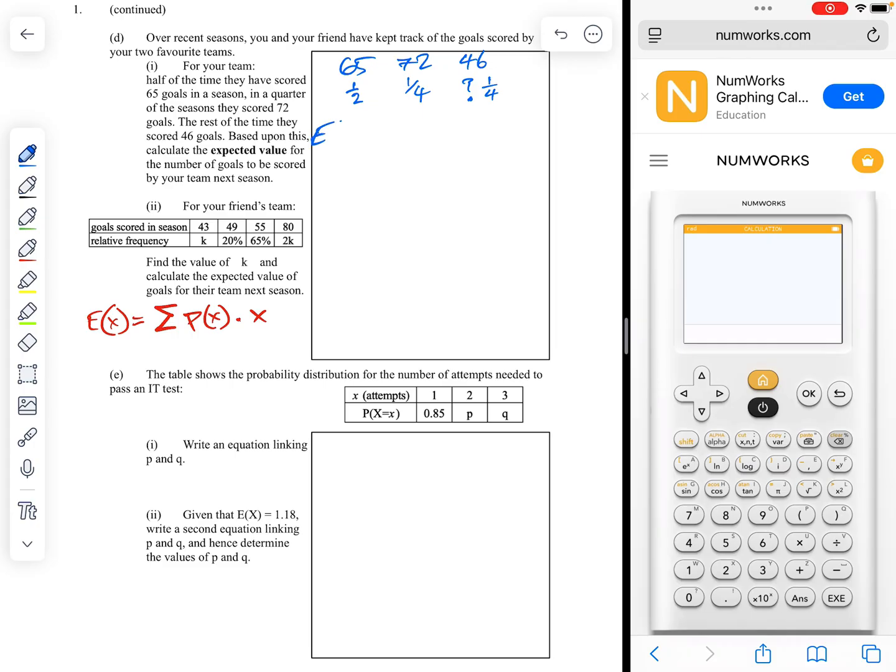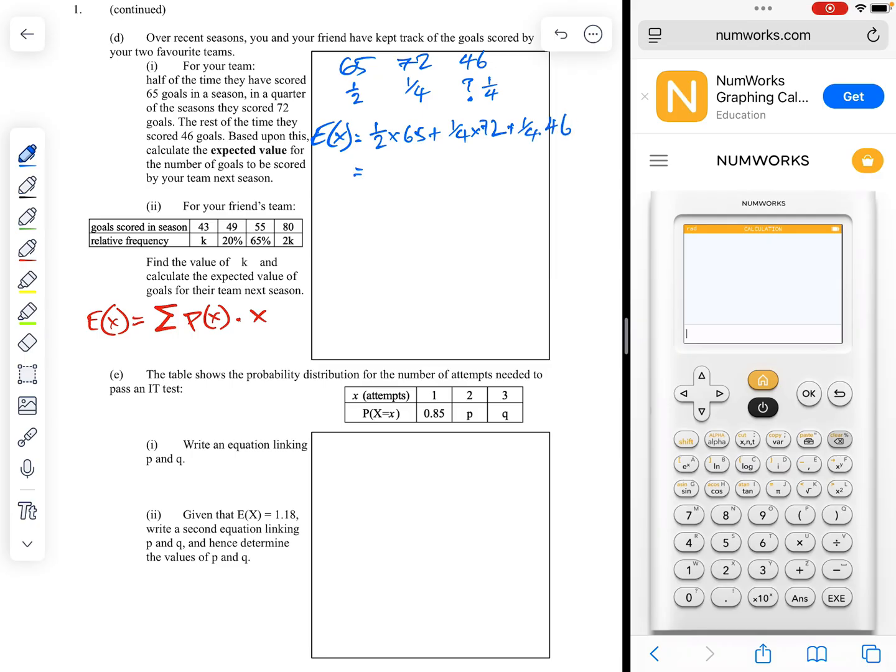So our expected value of x is going to be the probability times the number of goals plus the probability times the number of goals plus the probability times the number of goals. So it's going to be a half times 65 plus a quarter times 72 plus a quarter times 46.